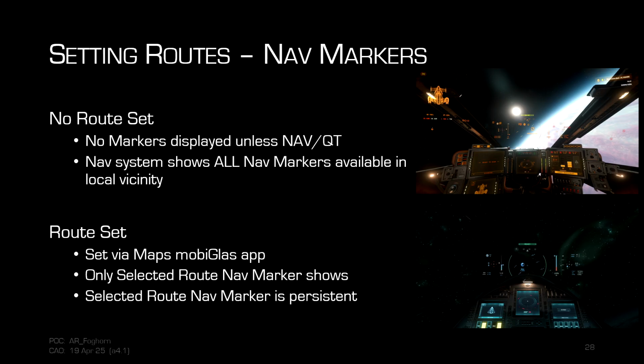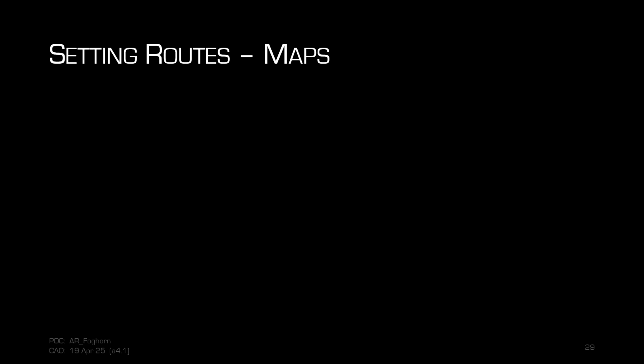But if you have a route set, that one last nav marker that you had up will persist over into nav flight, so you can still see where you're flying to when it works.